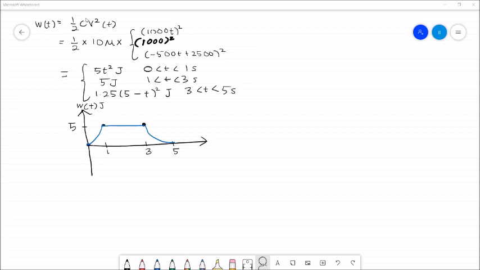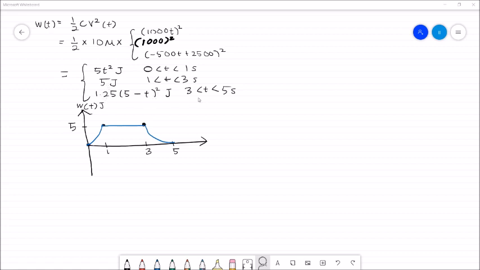Just substitute the voltage equation into this equation, and you will get 1000t squared, 1000 squared, and then negative 500t plus 2500 squared. Then you simplify, you will get 5t squared joule, 5 joule, and the final interval, which is 3 to 5, has this equation.